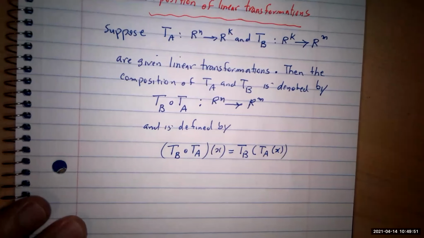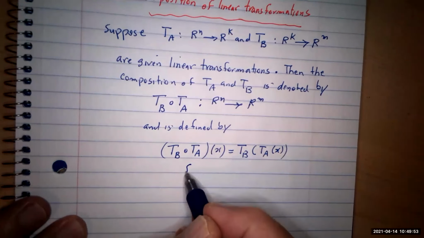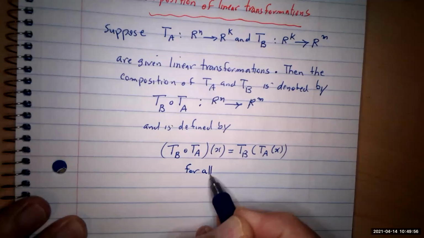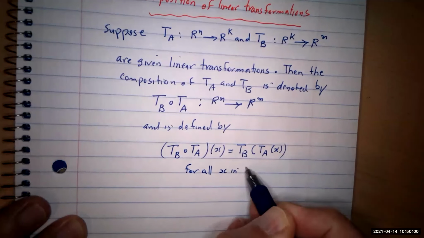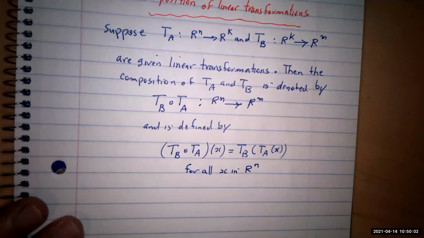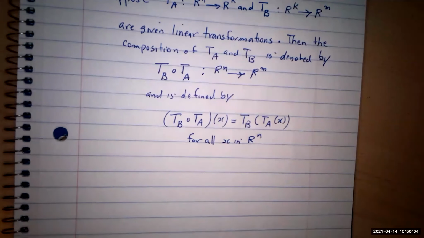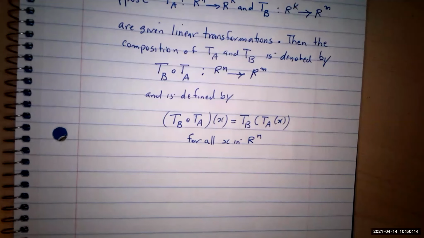This is true for all vectors x in Rn. This is how we define the composition of two linear transformations. They call it a product, but it's not the product, it's a composition.